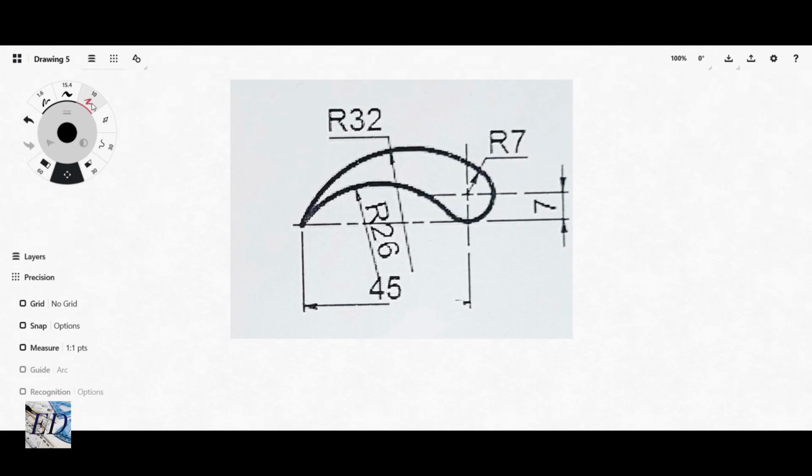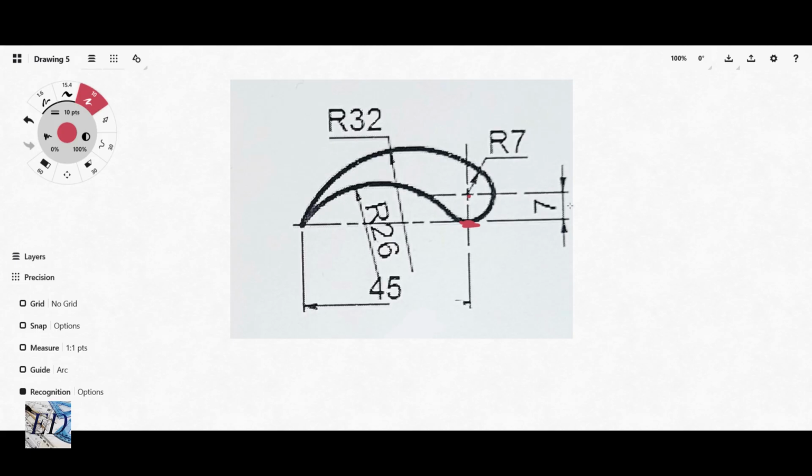And this circle of radius 7 millimeters is exactly on this point at point A. Now, there's another dimension here, given that the distance between the center and this point on the line is 7 millimeters.